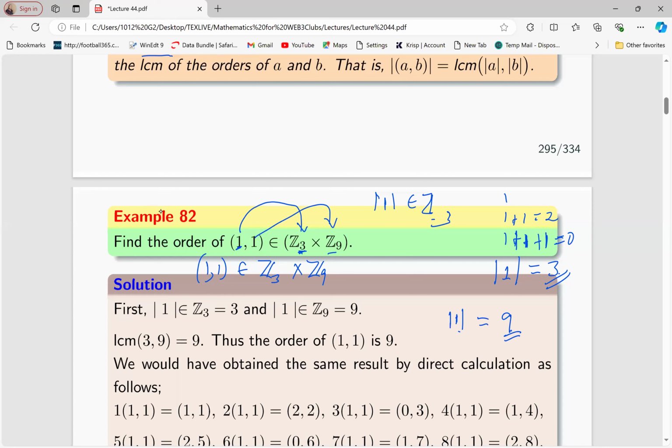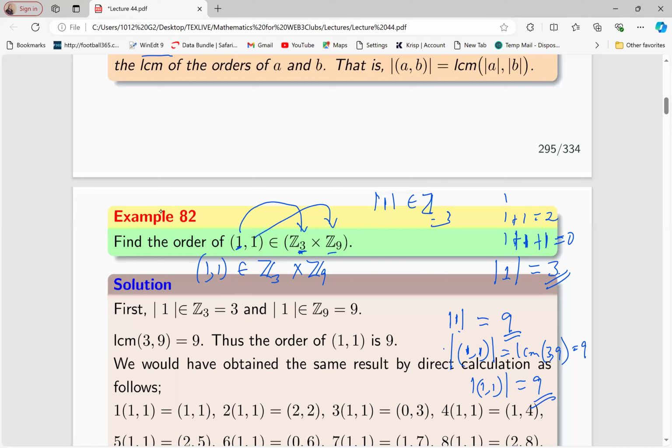And therefore, the order of (1, 1) is the LCM of 3 and 9, and the LCM of 3 and 9 is 9. So the order of (1, 1) is therefore 9.